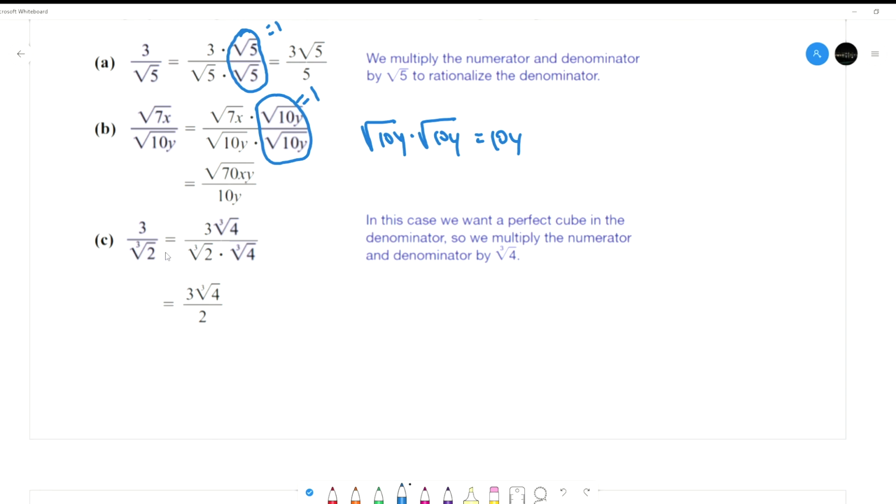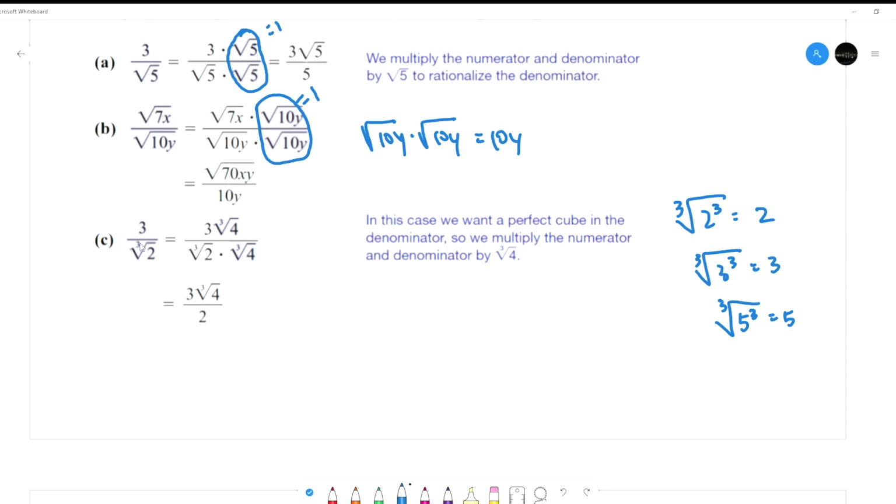But in a cube root, you need something to the third power to be canceling out. For example, if I do 2 to the third under the radical like this, it's equal to 2. If I do 3 to the third, it's equal to 3, right? Cubed root of 5 cubed is 5. So that's our goal. We have to multiply by some number so that the radicand is something cubed.